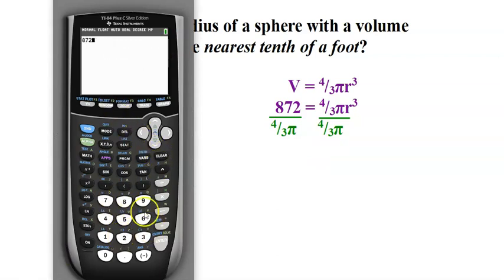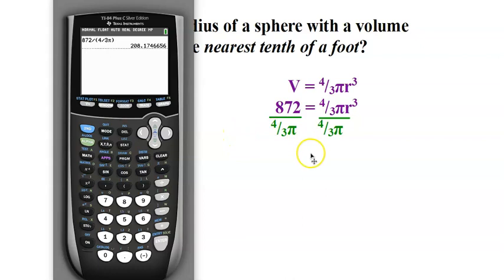So 872 divided by, in parentheses, 4/3 pi. You do have to put this in parentheses, otherwise the division order of operations is going to go all wrong on you. Got to have that in parentheses. And we get 208.17466.